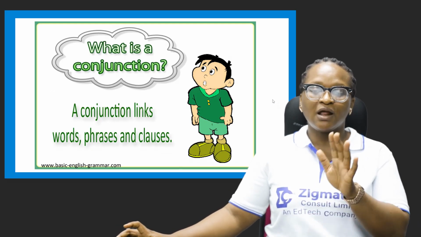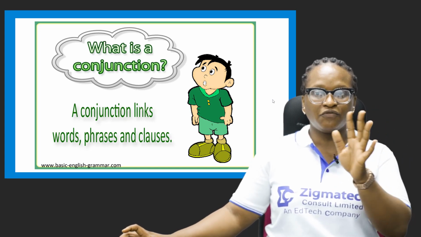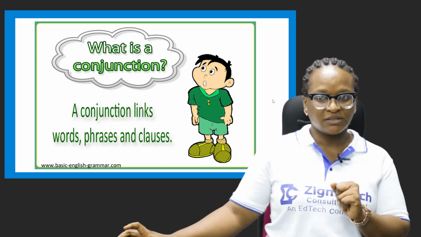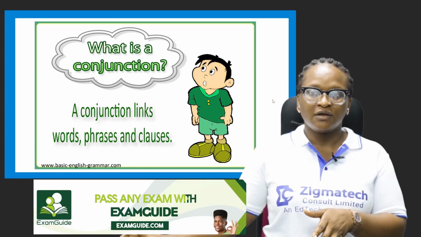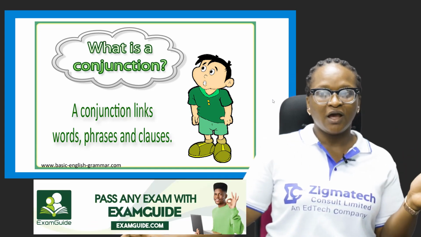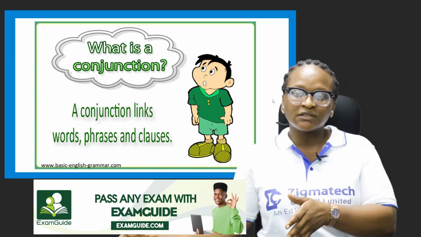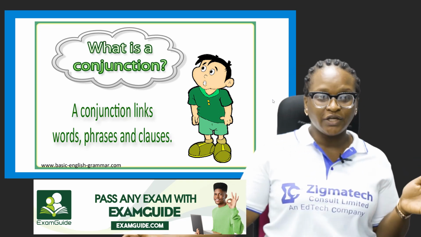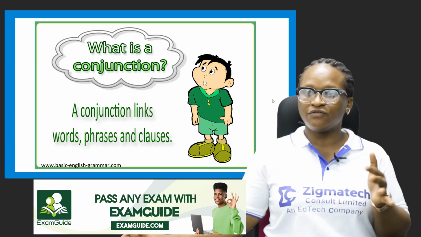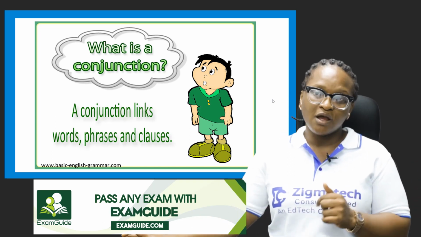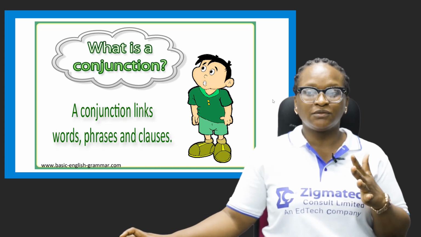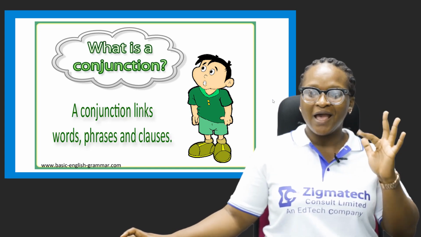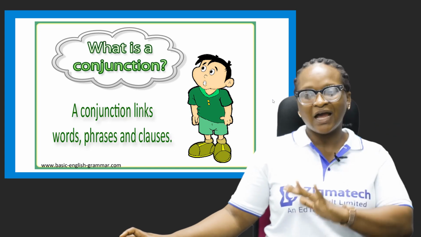A conjunction links words, phrases, and clauses. Jerry and Jeffrey, handsome Jerry and ugly tortoise. I've joined two words. I've joined phrases, and to join clauses, you have: he is a handsome boy, and he is hardworking.